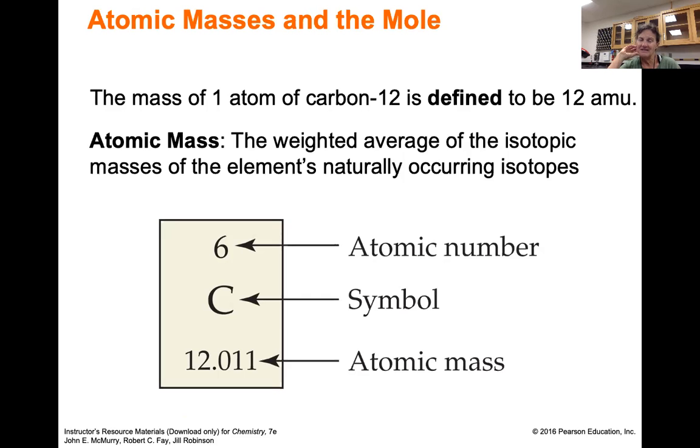But the atomic mass here of 12.011 shows you that when you take a sample of carbon out of the atmosphere, it's not all carbon 12. So if it was all carbon 12 and we had defined the mass of one atom of carbon 12 to be 12, then the atomic mass would be 12. But you'll see from this atomic mass that a sample of carbon naturally occurring on planet Earth has some higher isotopes, has some carbon 13 and a little bit of carbon 14.